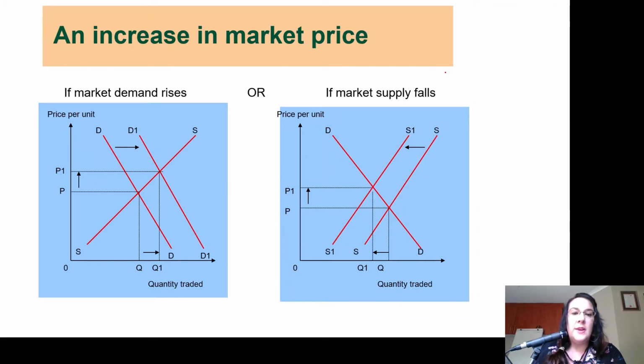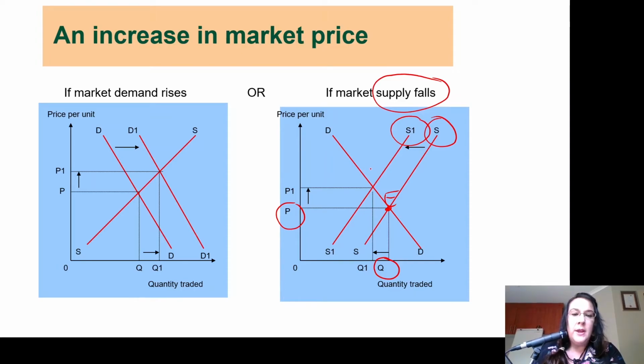Now I want to look at a supply decrease or a supply fall. So S to S1 shows a decrease in my supply, and it is an inward shift of the curve. My original equilibrium point is over here, and my original market price is over there, my original quantity is over there.